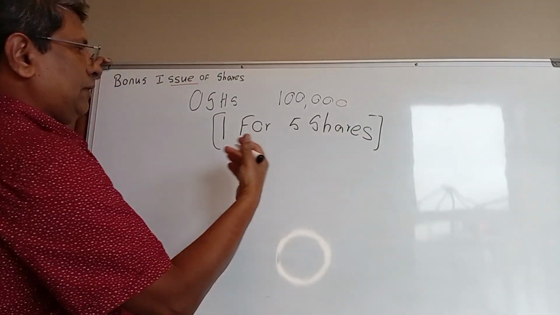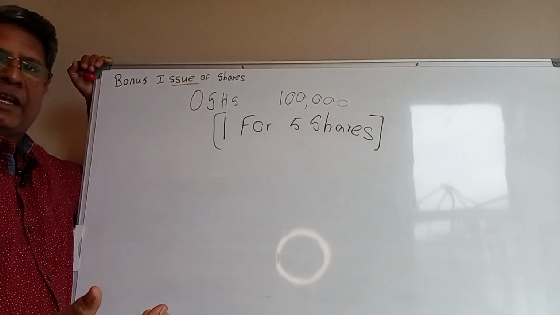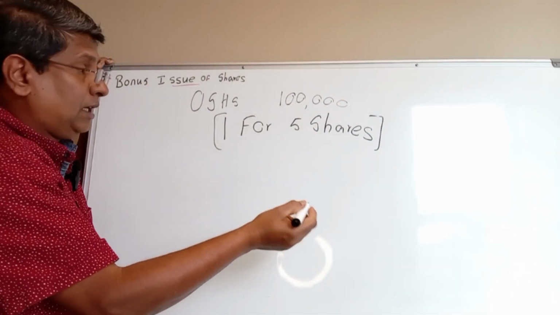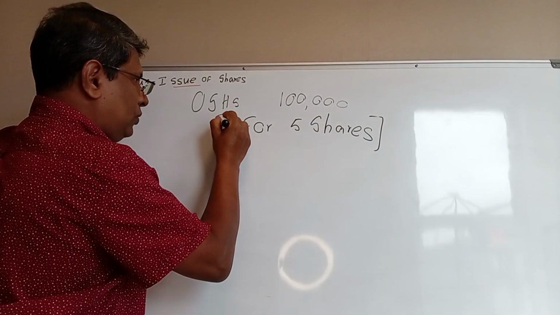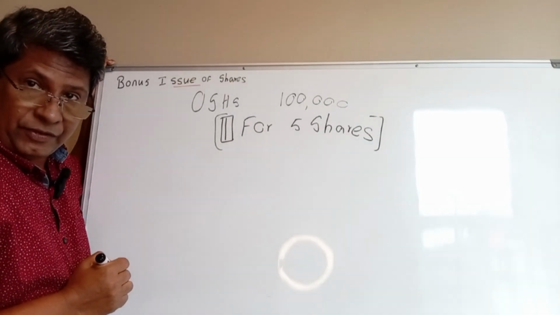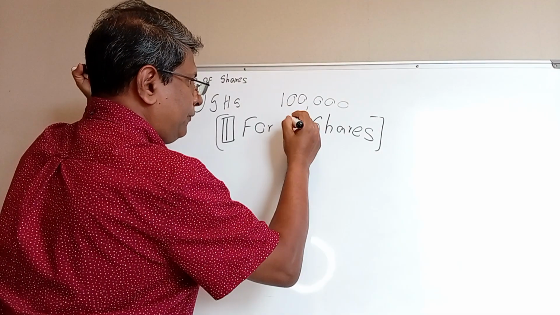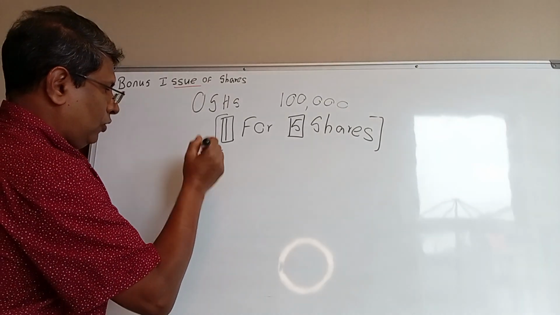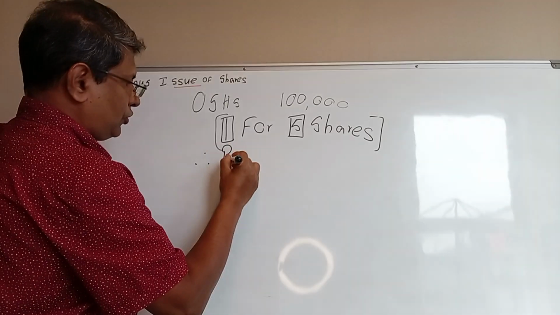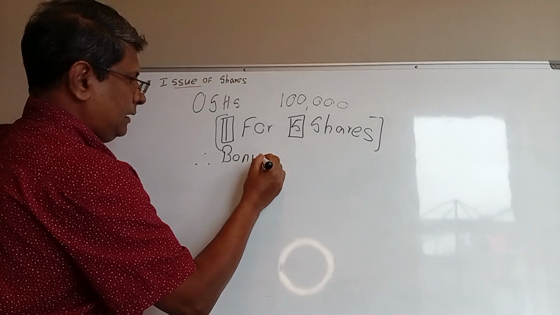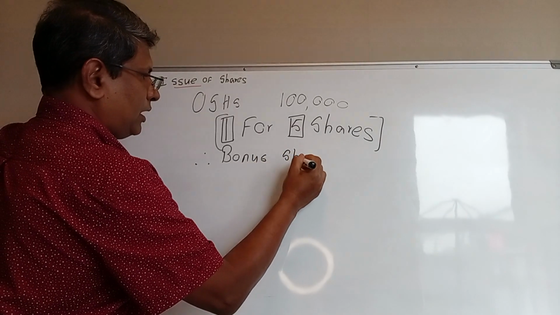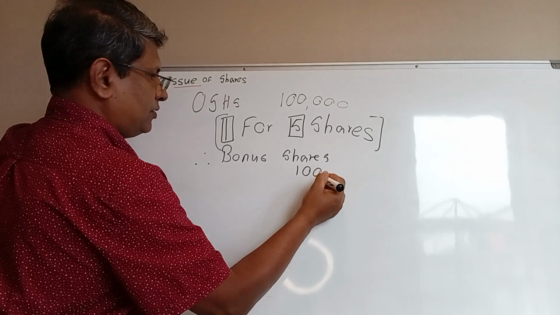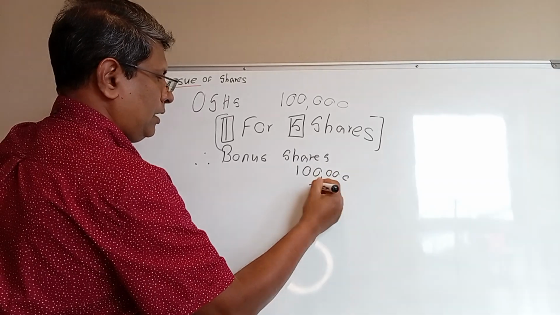You have to understand what is this 1 for 5, which means every existing shareholder is going to get one bonus share in which ratio? For every 5 shares that they held. Okay. Therefore, the number of bonus shares will be then 100,000 existing shareholders.